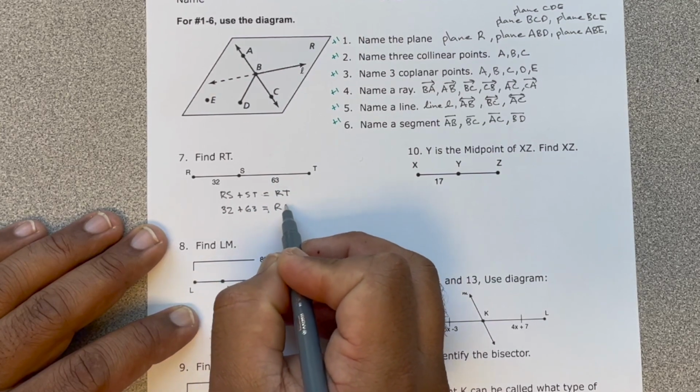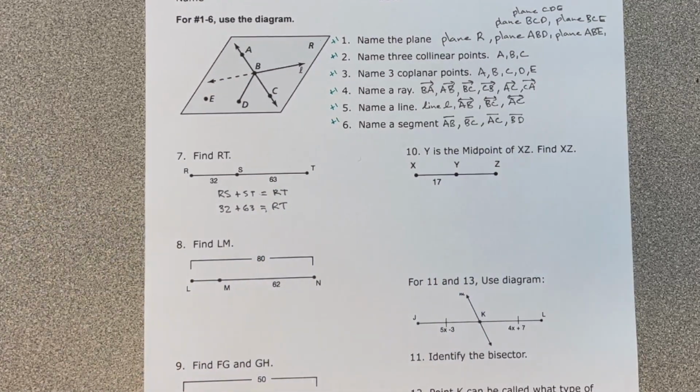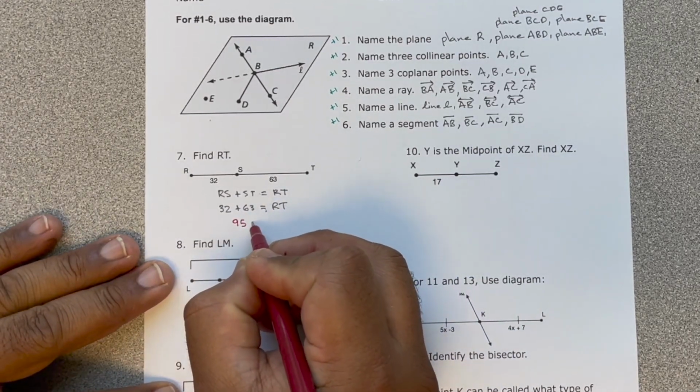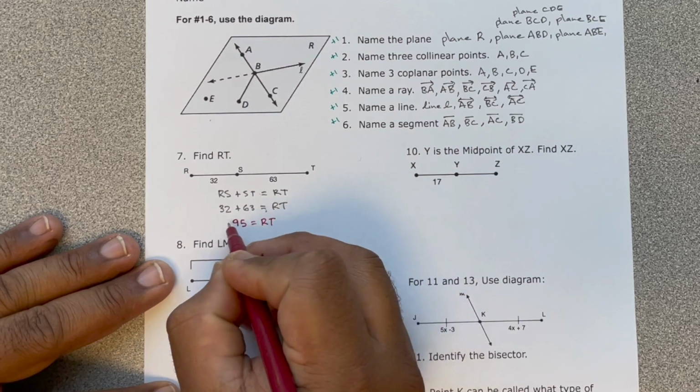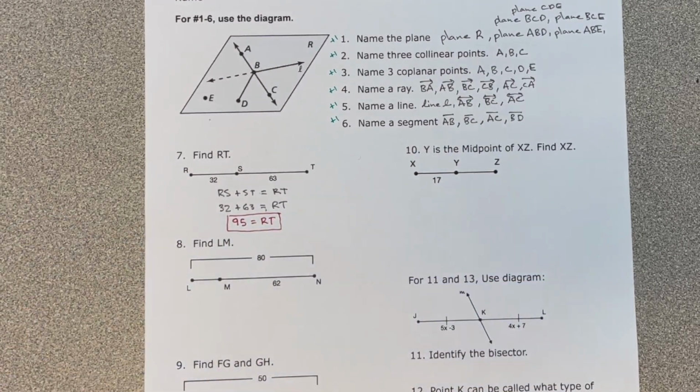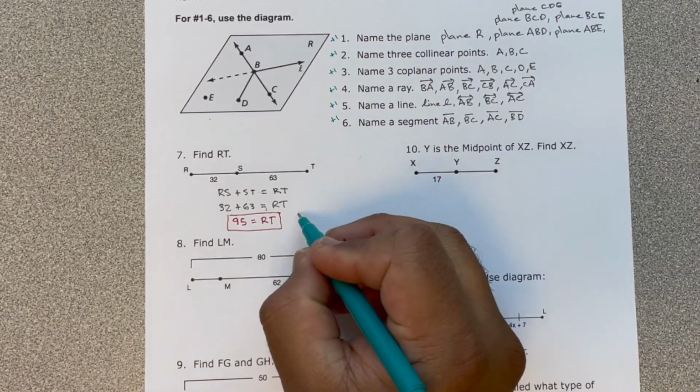That equals RT. So if I add those together, 95 is the length of RT. I'm going to put a box around it so I know that's the answer. If this were a quiz, I would give this 2 points.